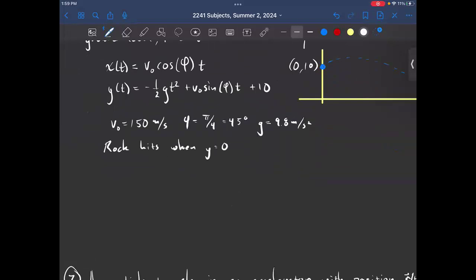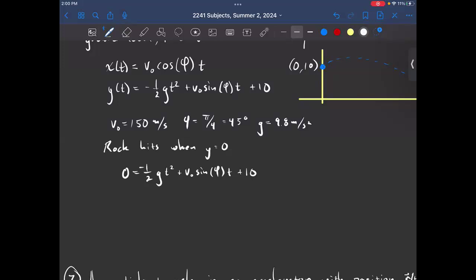So if y equals 0, then we have 0 equal minus 1/2 g t squared plus v0 sine of phi t plus 10. Okay, and now I've got to solve this for t. Well, that's a little bit ugly, but we can at least simplify things a little for ourselves.